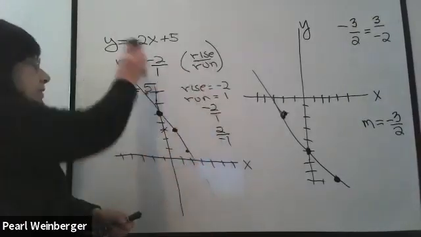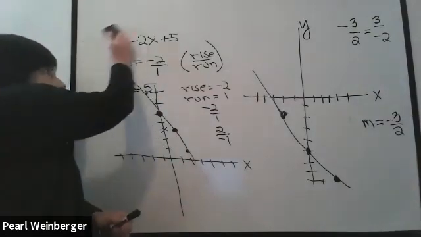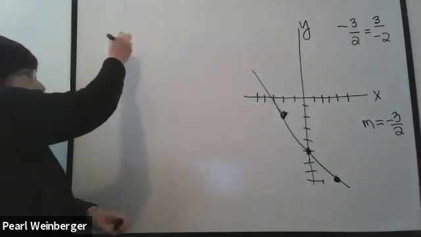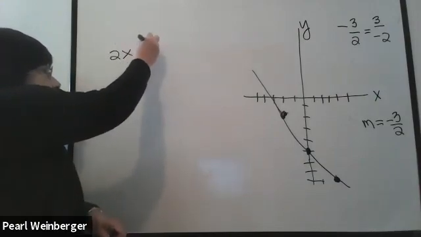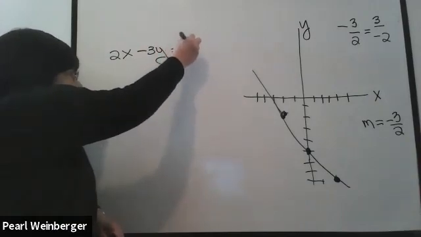Let me give you another example. Suppose I gave you this equation: 2x minus 3y equals 9.